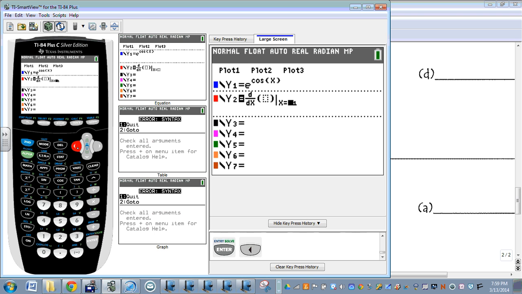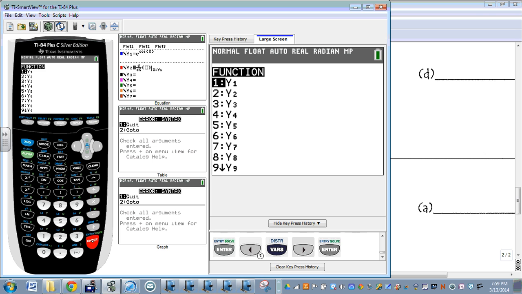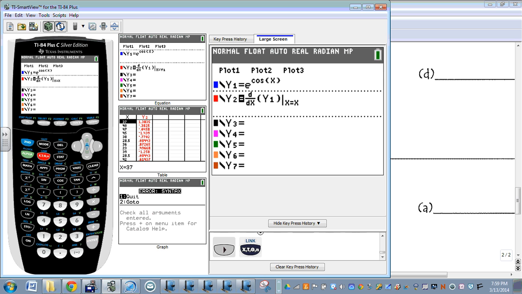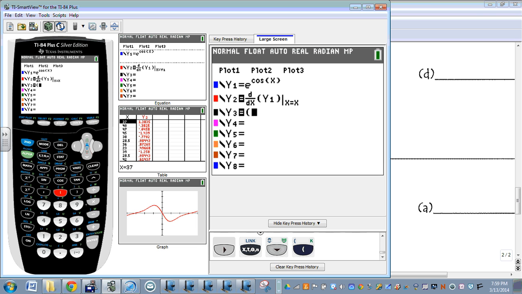And we're doing that in terms of x. So we're going to graph the derivative, and we're going to graph that e to the cosine of 7 minus e to the cosine of 4, all divided by 3.